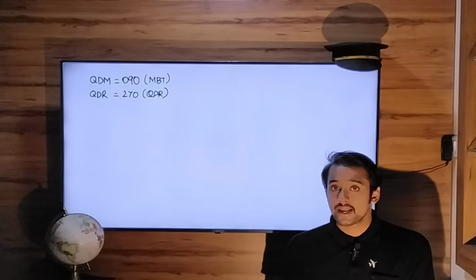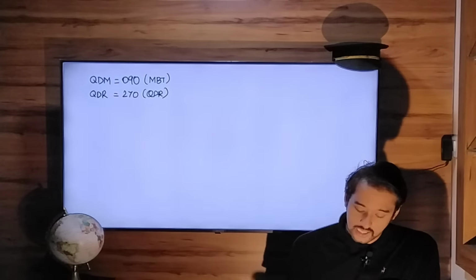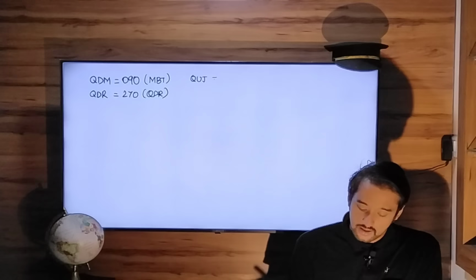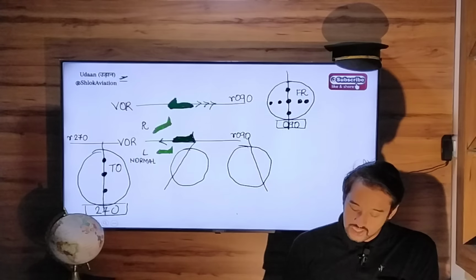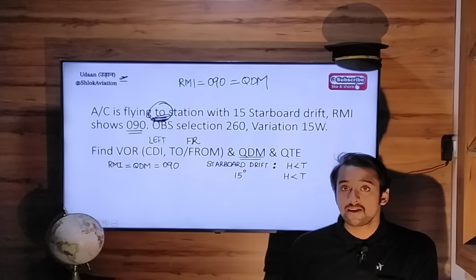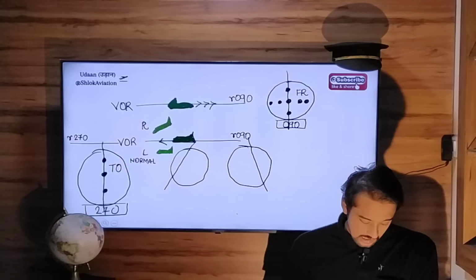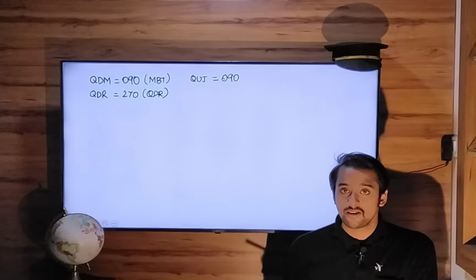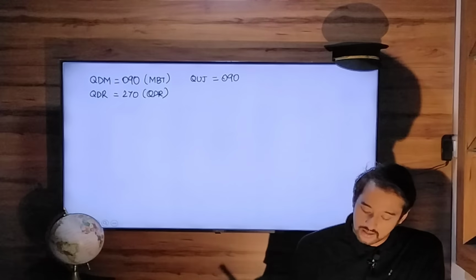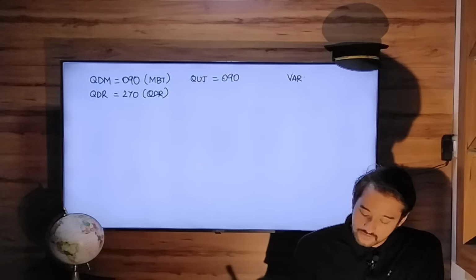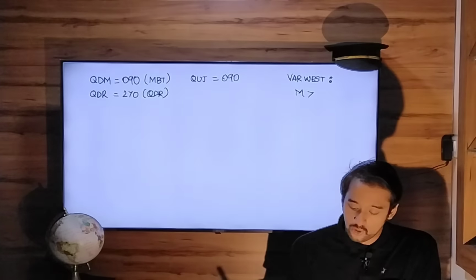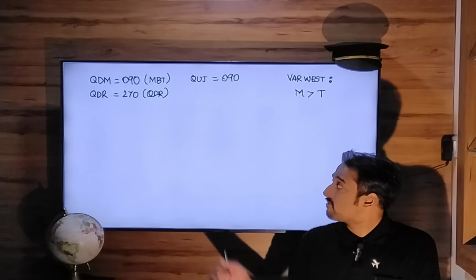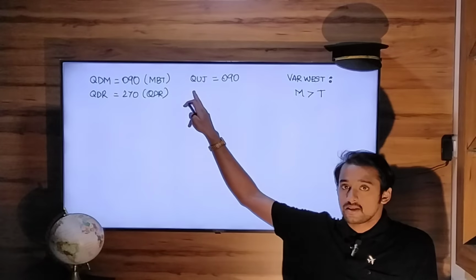Next, this is magnetic. Now, true bearing to the station is called QUJ, which will be 090 plus minus variation. The variation is 15 degrees west. Variation west, magnetic will be best, meaning magnetic direction will be more than true direction. So now we have to find true direction.